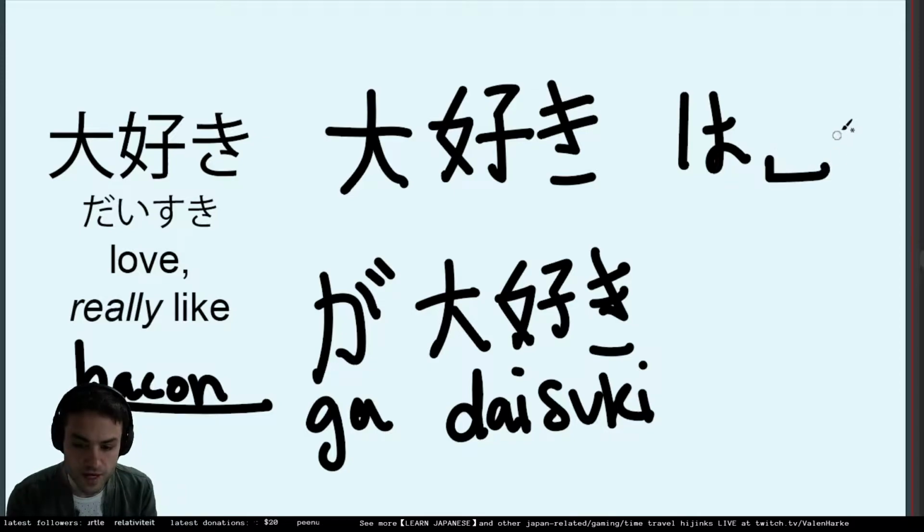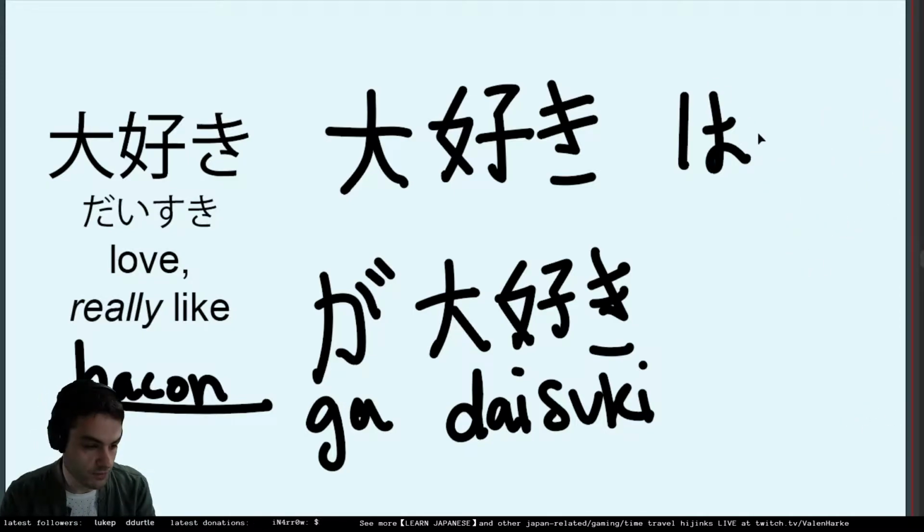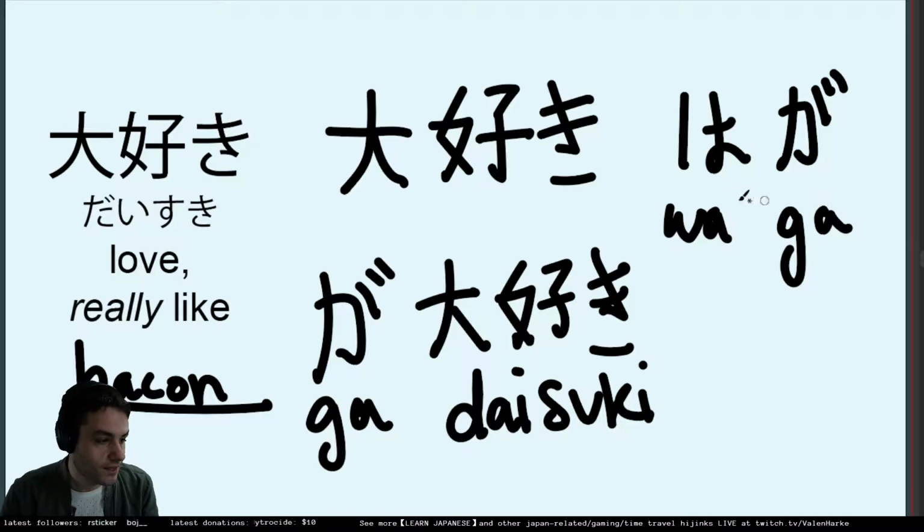Remember, wa something des means is something, right? So that's probably where you know wa from so far, because that's all I've taught you so far. But there is also ga, right? Pronounced wa, pronounced ga, okay? To beginners, it would seem like they're used in the same ways, almost like is for so many different situations.